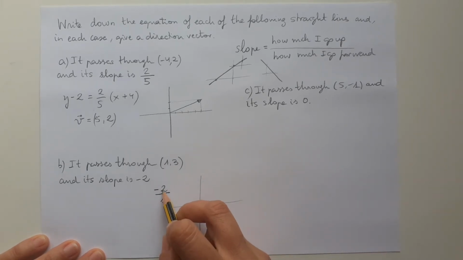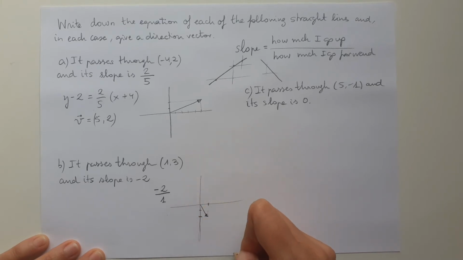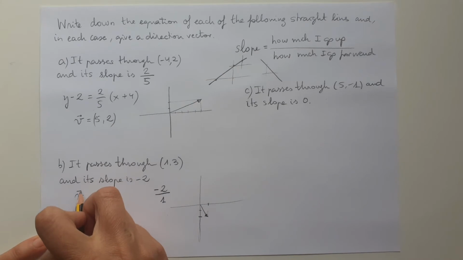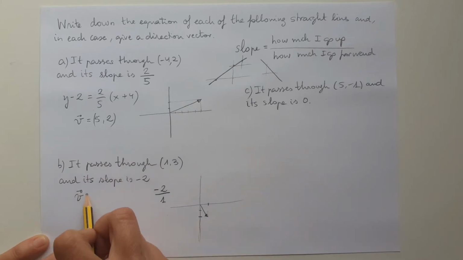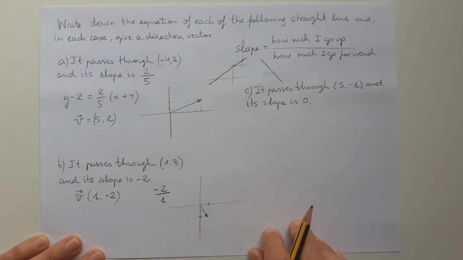How much I go up? -2, and I told you that we consider negative when we go down, over how much I go forward? Over 1. So this could be the direction of my line. This is the inclination. This could be the direction vector. So let's answer the question of the vector first. The coordinates are 1, -2.